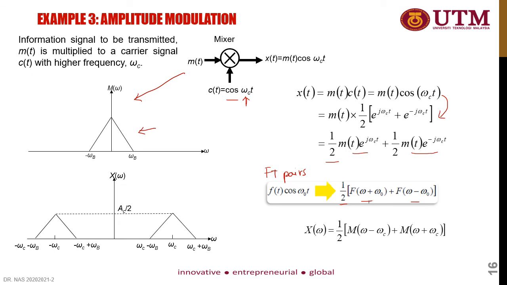After multiplication with c(t), X(omega), the output signal, is divided into two parts on the negative and positive sides, while the amplitude is cut into half. So this is the equation of the output signal in the frequency domain, X(omega).